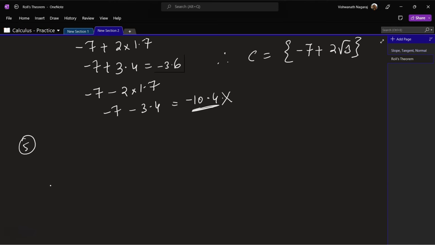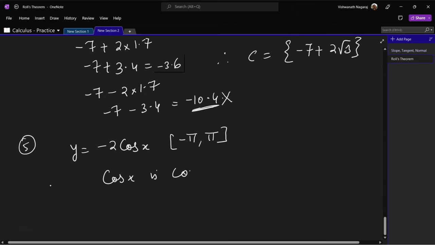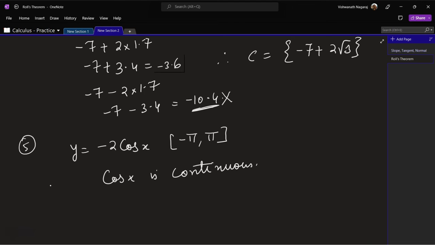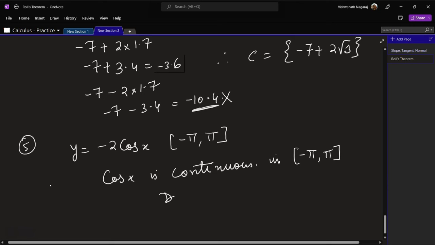Okay, fifth one, y is equal to minus 2 cos x in the closed interval minus pi to pi. Okay, cos x is continuous throughout. So that means it is continuous in the closed interval minus pi to pi. It is differentiable in the open interval minus pi to pi.